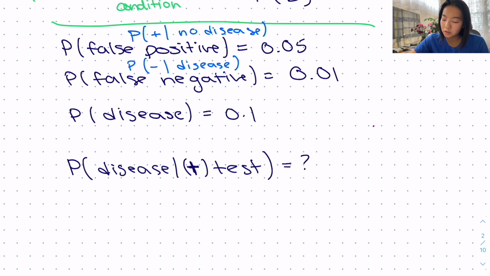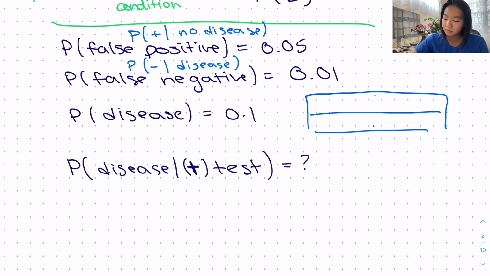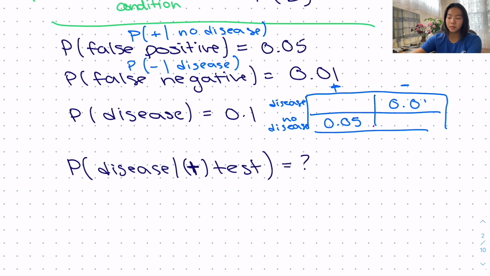So if I put that into a chart, for example, this might be my positive and negative tests, and this might be my diseases, disease and no disease. Well, the probability that I test positive but actually have no disease, okay, that's 0.05 over here. And then the false negative is up here for 0.01. So I'm testing negative, but I don't actually have the disease.